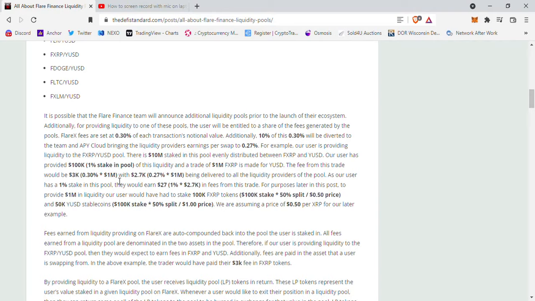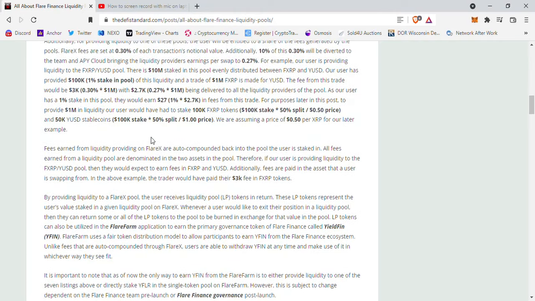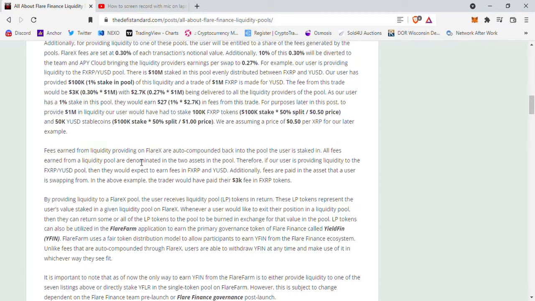And so back to the fees and how you're going to be making money. You're going to earn that $27 off that 2.7K that is split up amongst the users or the stakeholders. And that's not all you're going to be earning. That fee is really just extra. Something to note about these fees is you're not going to see them show up in your wallet.